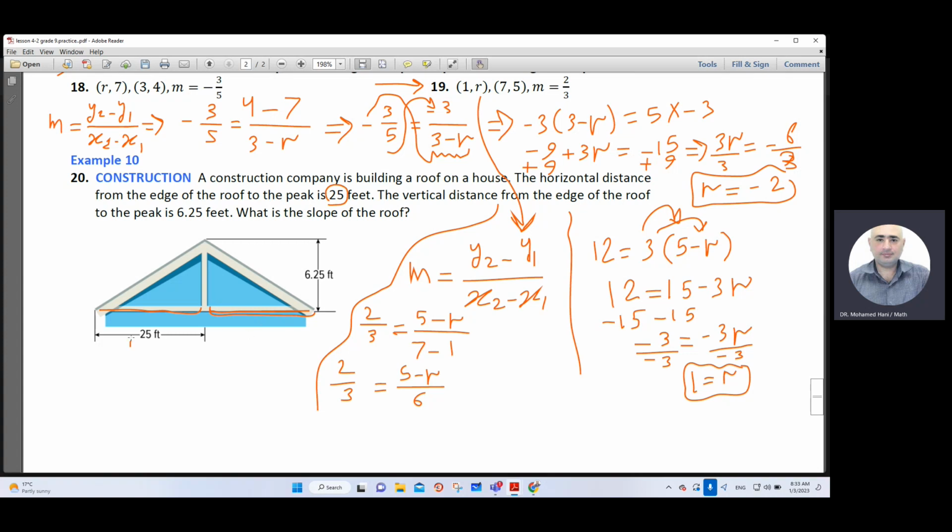Here 25. And the vertical distance means this distance, or this. From the edge of the roof to the peak is 6.25.